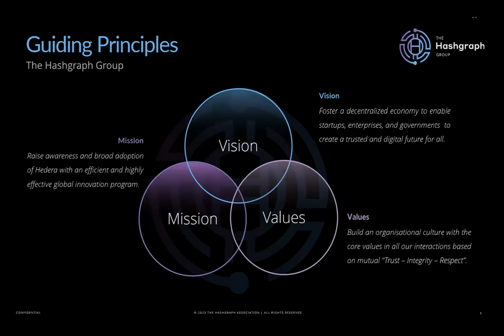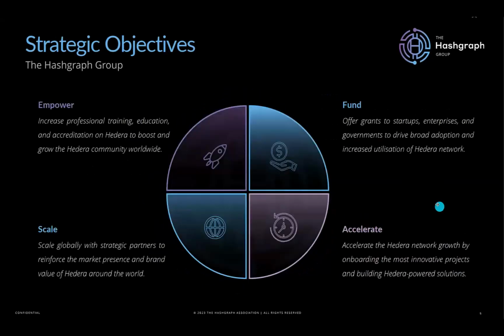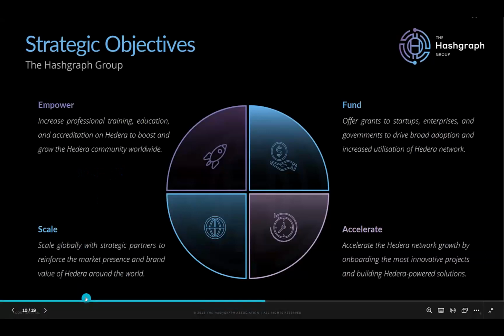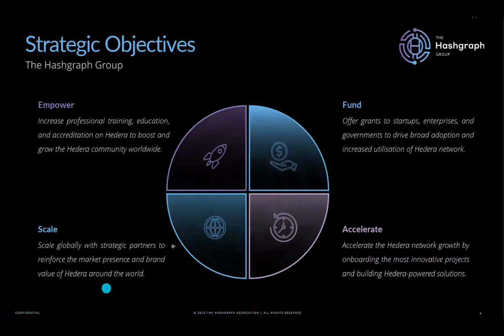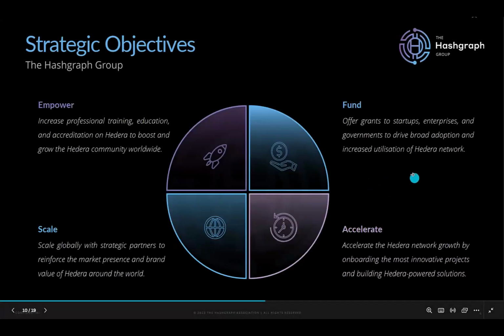Moving on. One might ask how we actually achieve these objectives. It's basically in 4 areas: professional training, education, and accreditation; scaling. We really help projects, businesses, and large enterprises grow and expand through investment, financial support, strategic support, and engineering support.